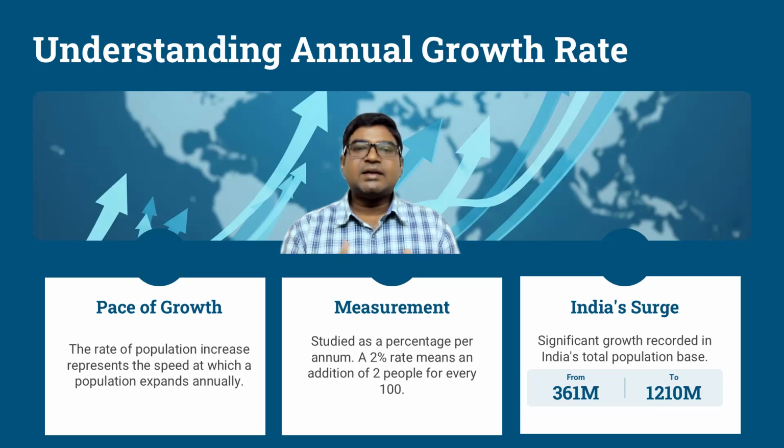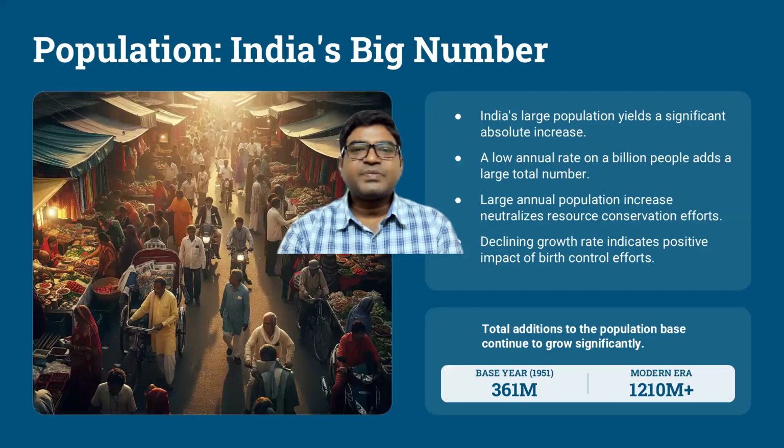Secondly, we look at the measurement, in percentages, of how much it is growing. And thirdly, we look at the overall big picture of how that is shown in the entire country's population.